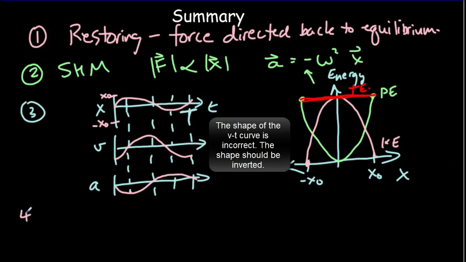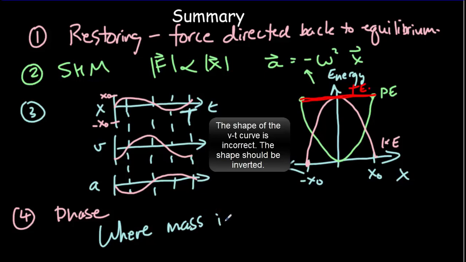We then talked about phase and phase difference, and the phase told us where the mass was within its cycle. Whereas the phase difference told us whether two objects were in sync or how far out of sync they were.